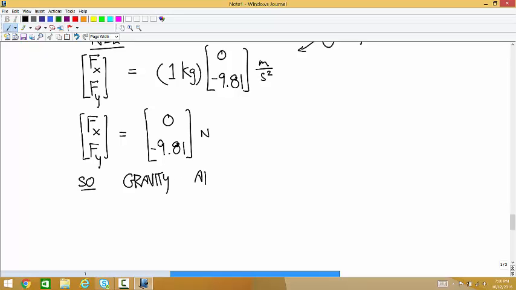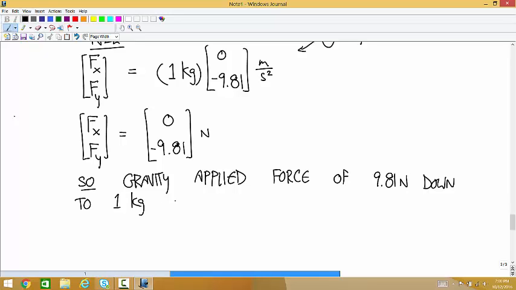So gravity applied a force of 9.81 newtons down to this 1 kilogram object.